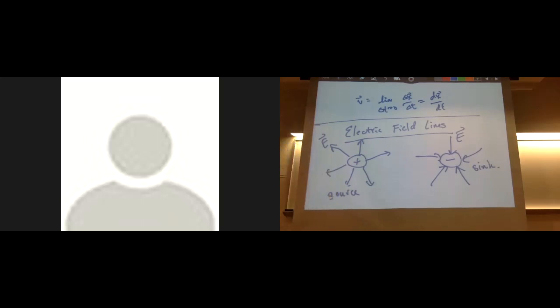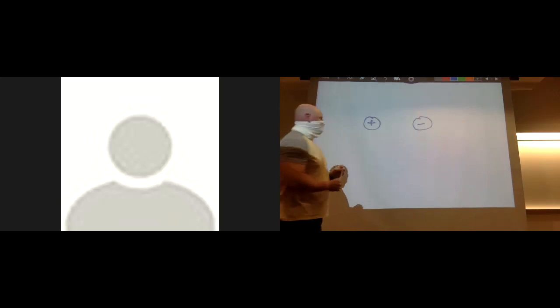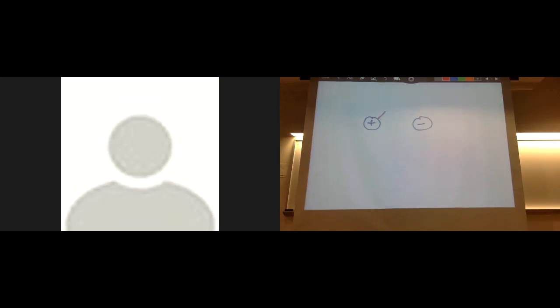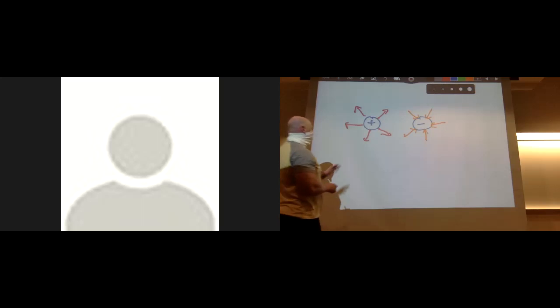So again, these are visual representations of trying to figure out what the electric field looks like in a particular space. For example, if I had a positive charge and a negative charge in the same space, what do we know? Well, for the positive charge, the electric field lines have to radiate away from it. For the negative charge, we know they have to terminate on it, which means I can determine the electric field for the entire space by simply connecting all these lines together.